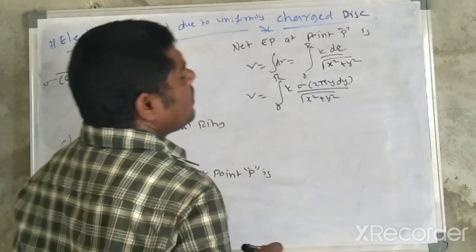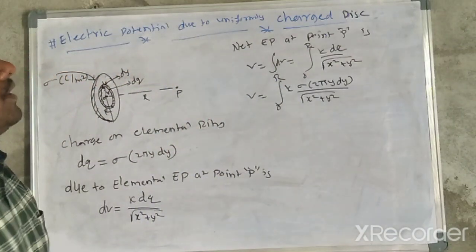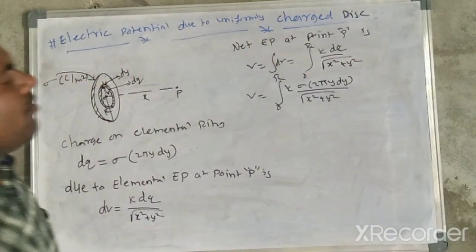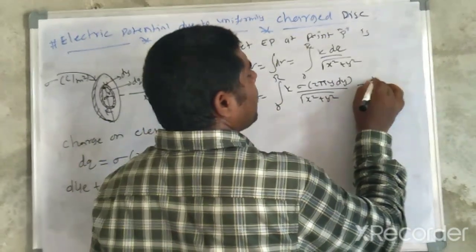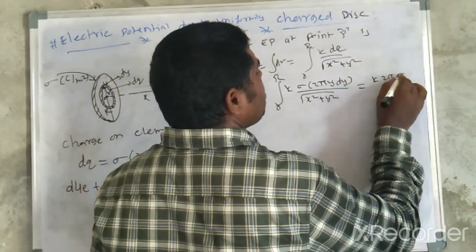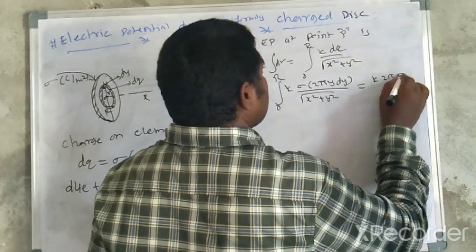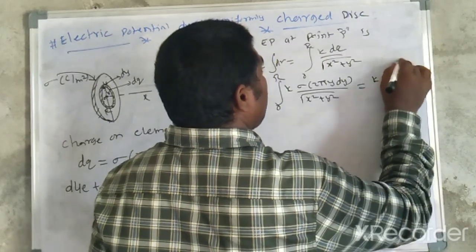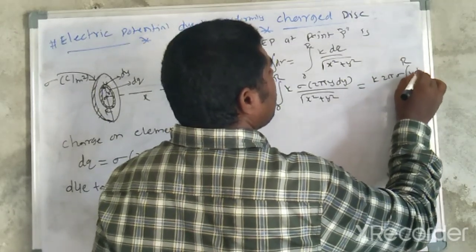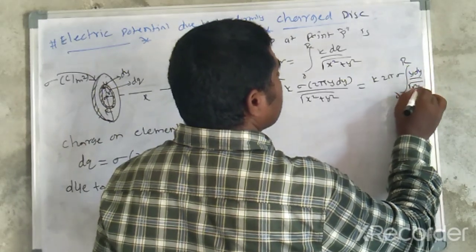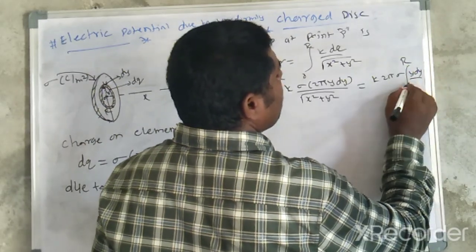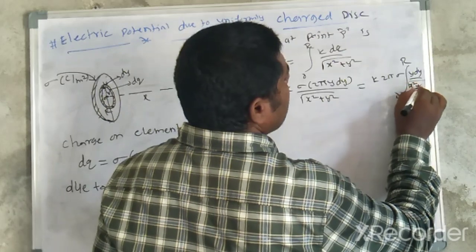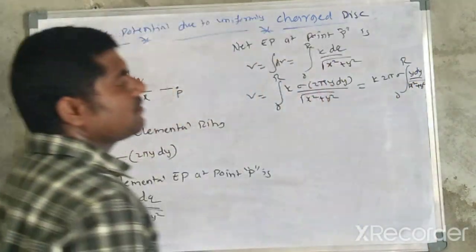Here sigma, k and 2 pi are constants and may be written outside the integral: k 2 pi sigma integral 0 to r of y dy by under root of x square plus y square.